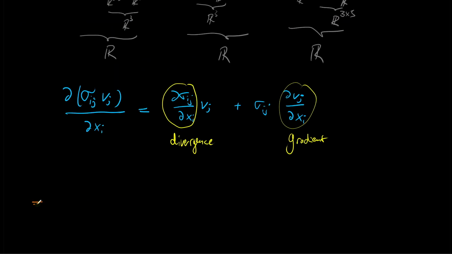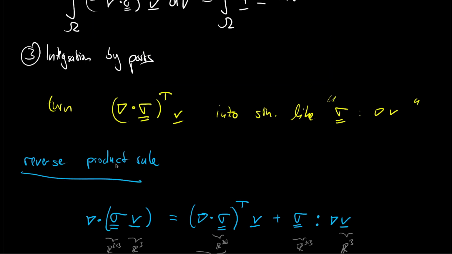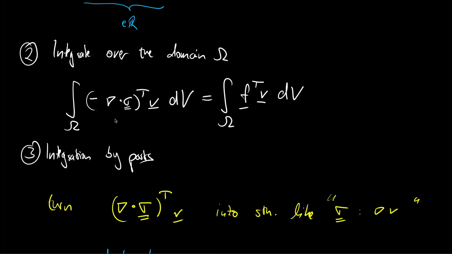And then we get the following expression, such that the divergence of the sigma tensor transpose multiplied with the test function v is given as the divergence of sigma multiplied with v minus sigma double contracted with the gradient of the test function. And if we replace this expression in our integration, then we are one step closer towards our weak form.